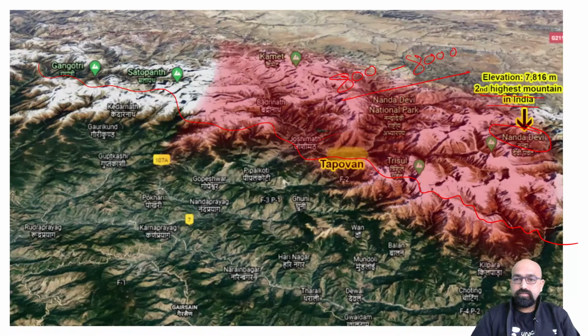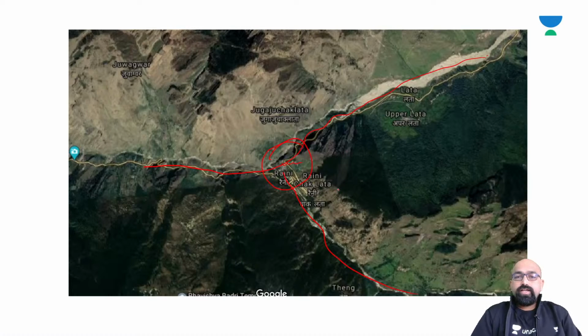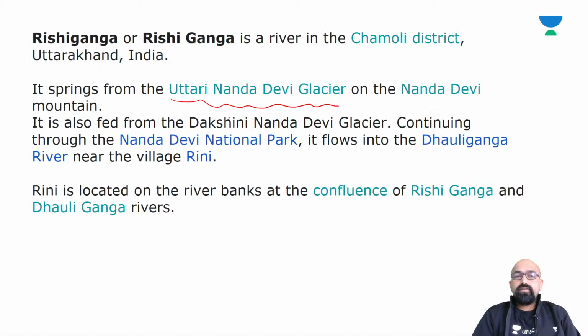So we can say from this place the river Rishi Ganga springs, on the Nanda Devi mountain. Now it is also fed from the Dakshin Nanda Devi Glacier, continuing through Nanda Devi National Park. It flows into the Dholi Ganga river near the village Reni, right? So Reni is located at the confluence of Rishi Ganga and Dholi Ganga rivers.